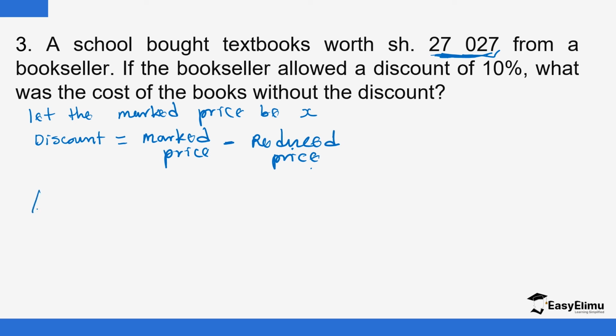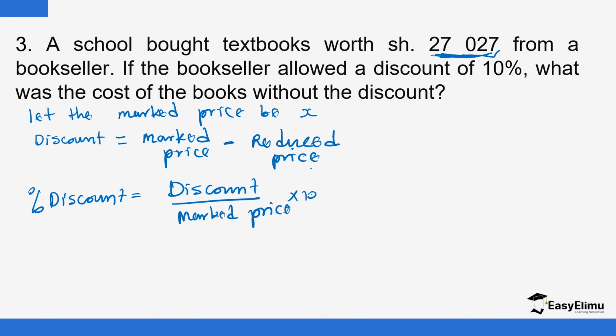Then now I have the percentage discount, which is then going to be discount over the marked price times 100.